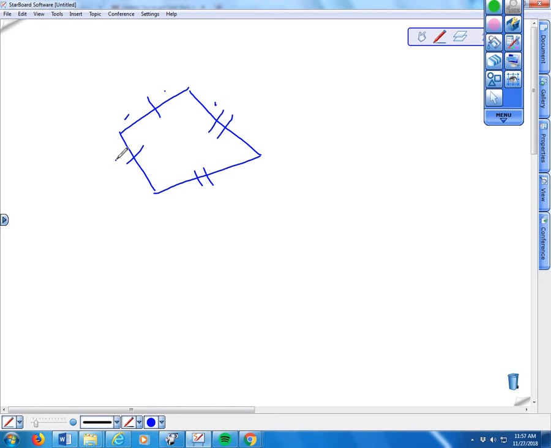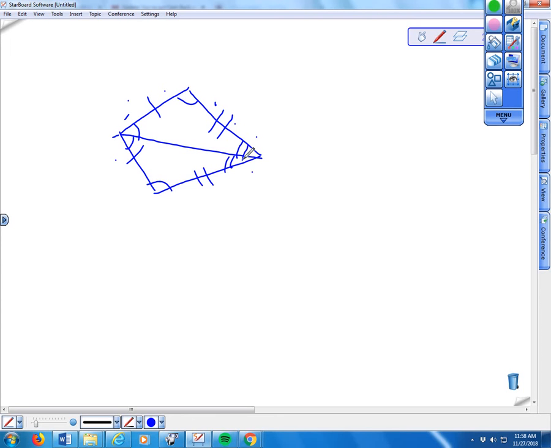Okay? And what's special about it is this angle and this angle are congruent. So that would be the angles between the different side lengths. What's also special is the diagonal that goes from the one vertex with two congruent sides to the other vertex between two congruent sides splits this angle in equal parts.